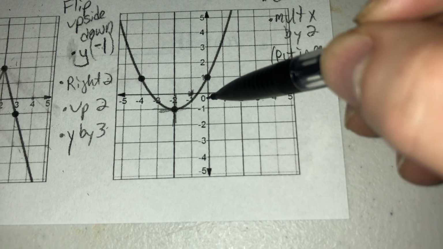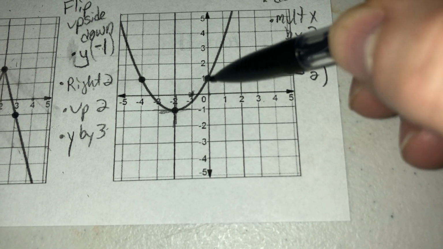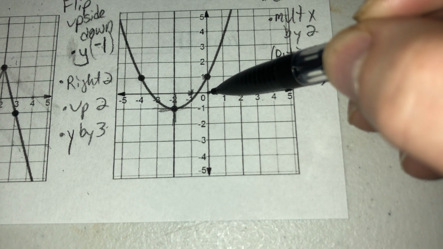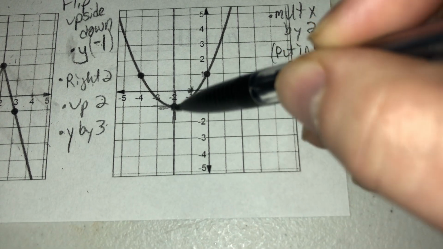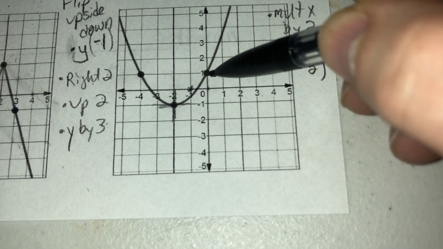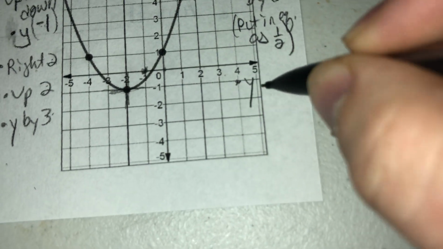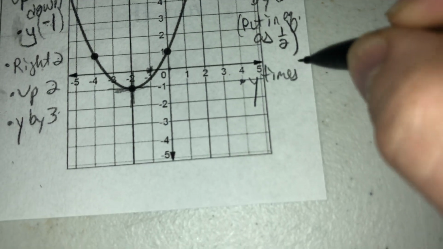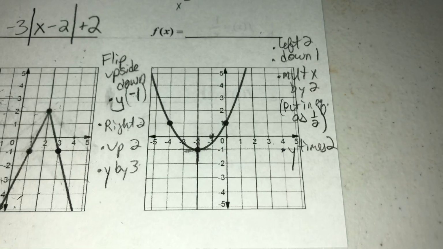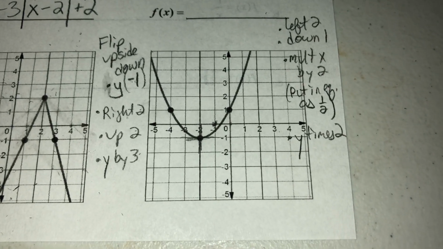So I already took care of the x part, so I've moved this dot here, but now I have to move it up here. So that was at 1, but now it's at 2, right? Because remember, I'm pretending this is my new origin. So I'm at 1, but now I'm at 2. So what does that mean? I have to do the y values times 2. Y times 2. And when I do something to the y, I really do it like it is. I don't have to do anything weird. I don't have to do the opposite.